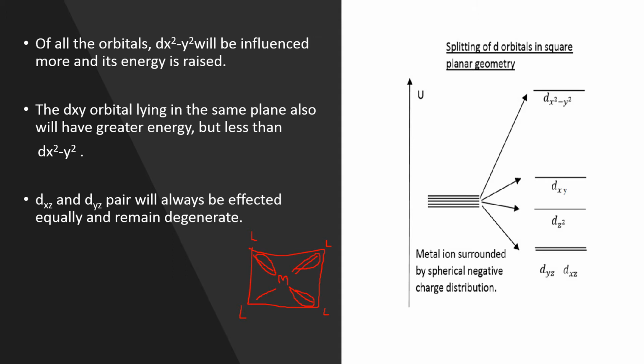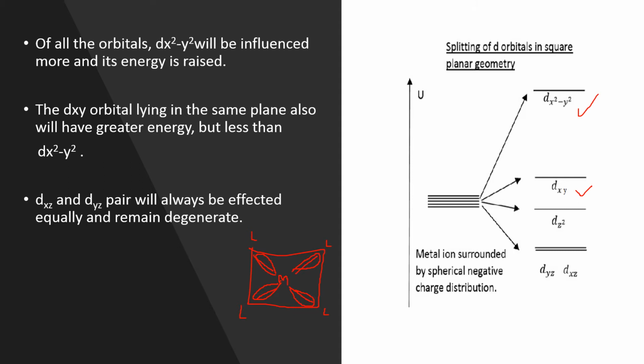The d orbital which is present in the xy plane exactly along the axis is the dx square minus y square orbital. So it faces more repulsion and increases in energy. The other d orbital in the xy plane is dxy. This is also affected and gets a little destabilized, less than dx square minus y square.